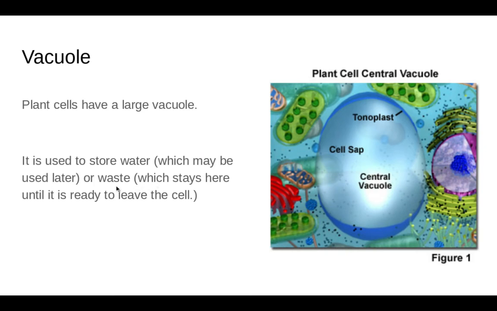And waste are products made by the cell which are no longer required. If it's a plant cell, maybe something like oxygen. The plant cell doesn't need oxygen, it's going to release it. So maybe it will stay in the vacuole, and then when it's ready to leave the cell, it will be transported out of the cell, across the cell membrane, out of the cell wall. Okay, so the vacuole is a storage, like a big bucket to store water and waste.